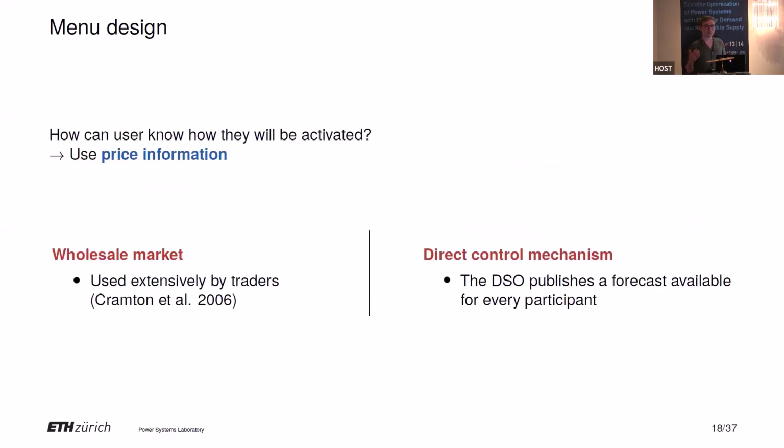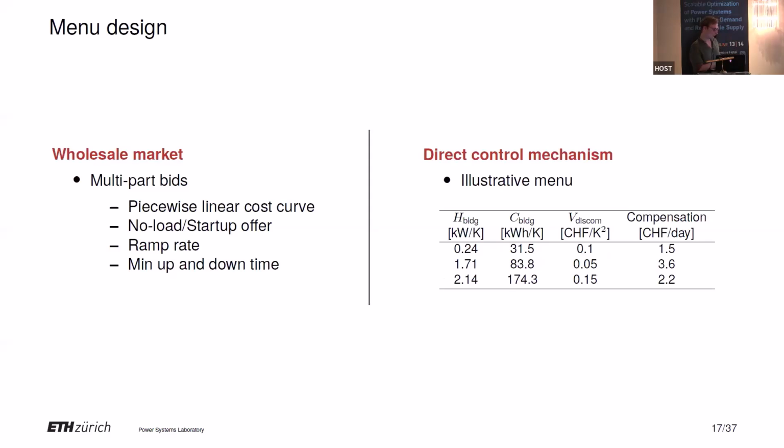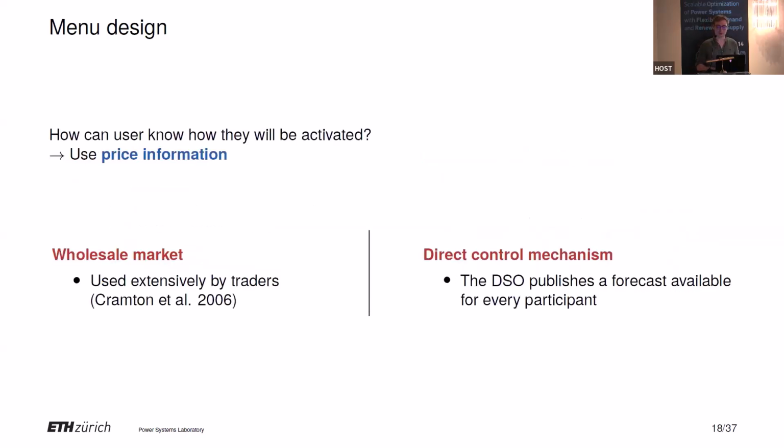The key question now is, okay, if I come back to this menu, how is the consumer going to choose between these different options? That's now the key question, because they just have a mapping between parameters and compensation, but in order to choose, they have to know how they're going to be activated by the aggregator or the DSO should they select one of these options.